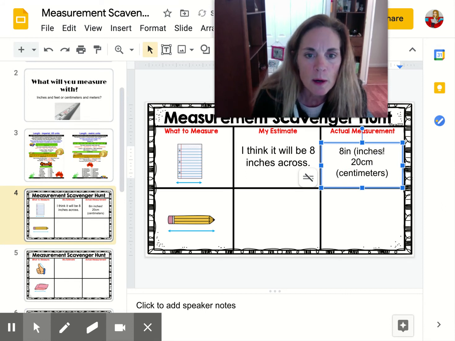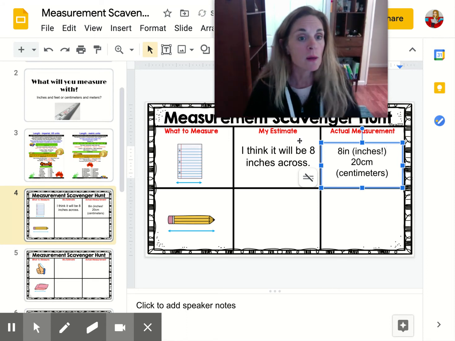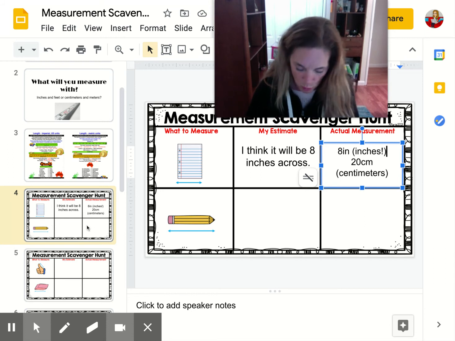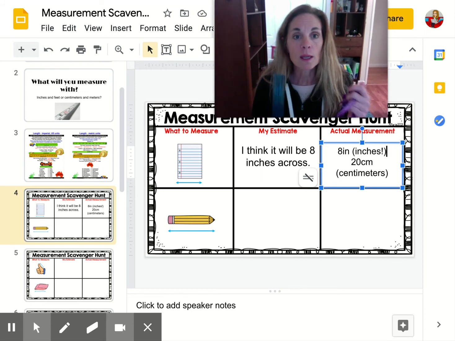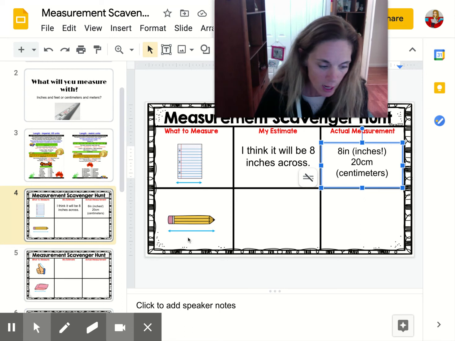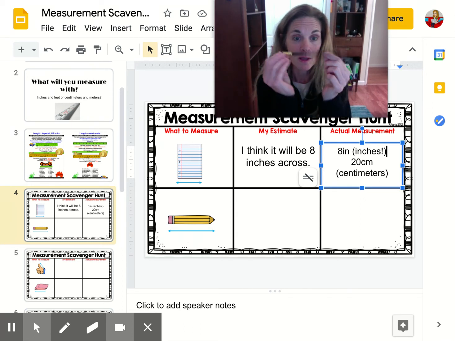So what you are going to do is measure other things around your house. So find your measuring device. If you have more than one, like I do, you can have them with you and choose the one that makes the most sense. So I'd like for you to measure how long a pencil is. Your pencil might not be as long as my pencil.